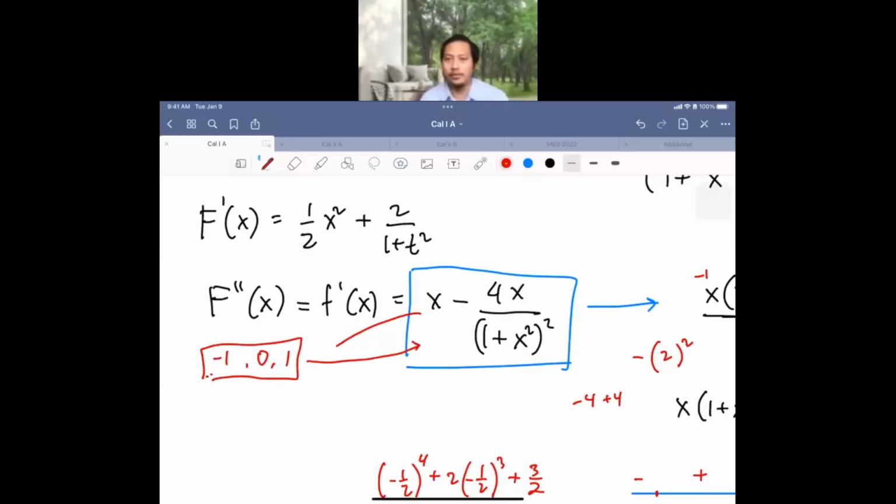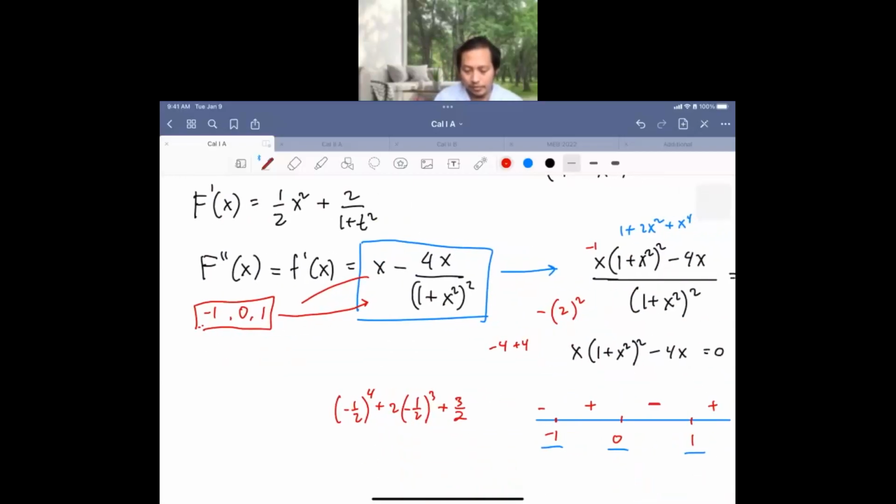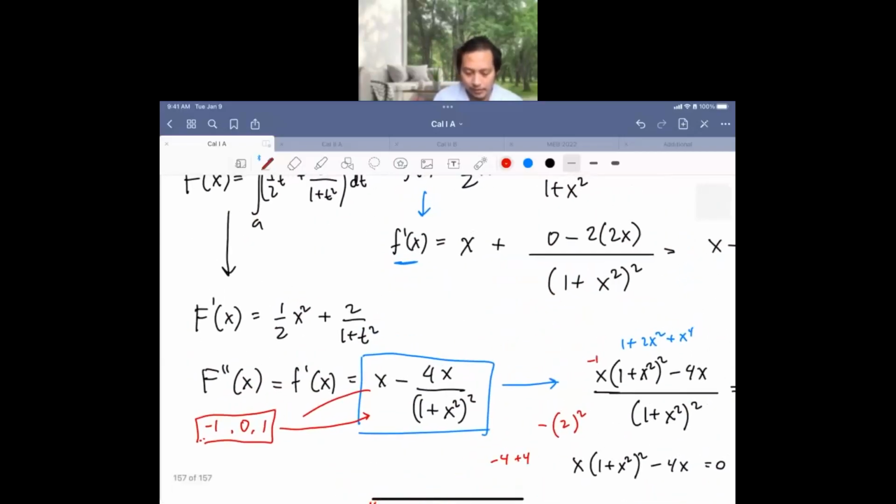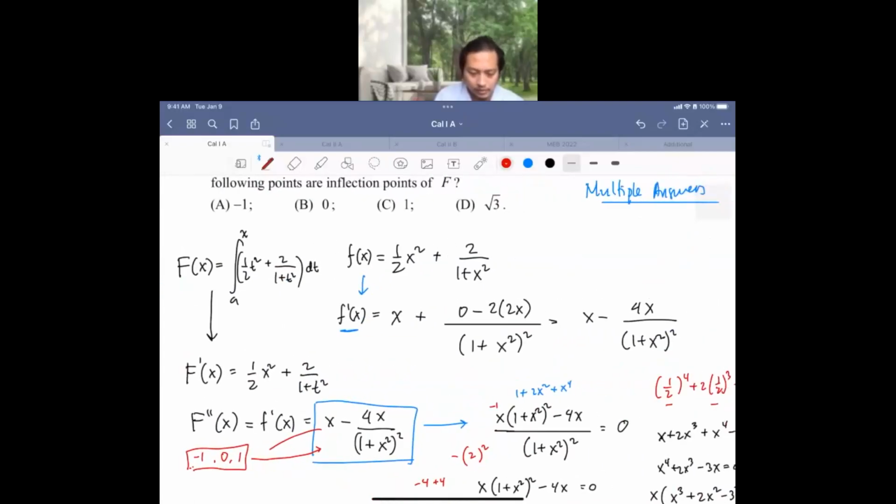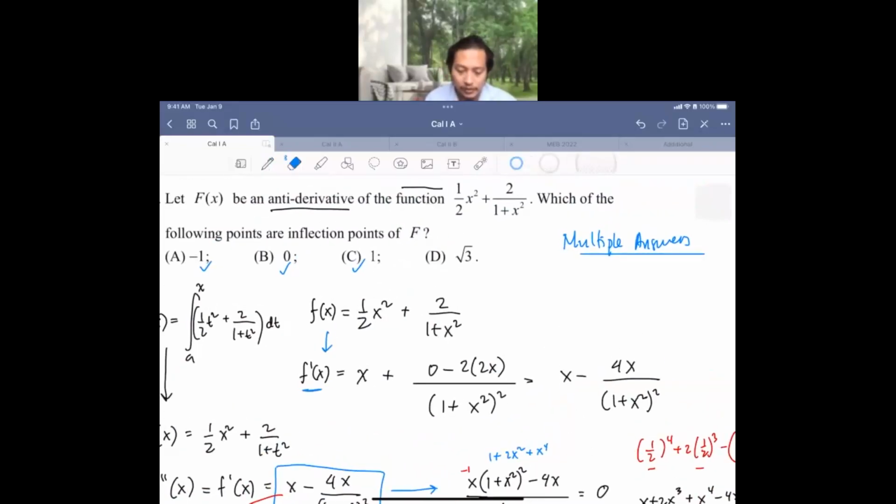I think it's not too difficult to notice. So that's negative 1, 0, and 1. The sign is changing, which means that it is an inflection point. If you forget the definition, we will see it with f double prime of x.